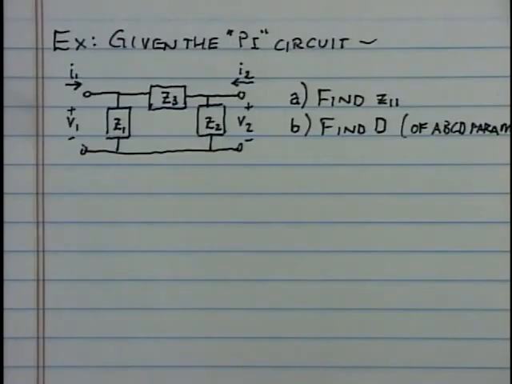Let's, for example, find the value of Z11 for the Z parameters. Let's find D of the ABCD parameters. Let's make those our two examples.